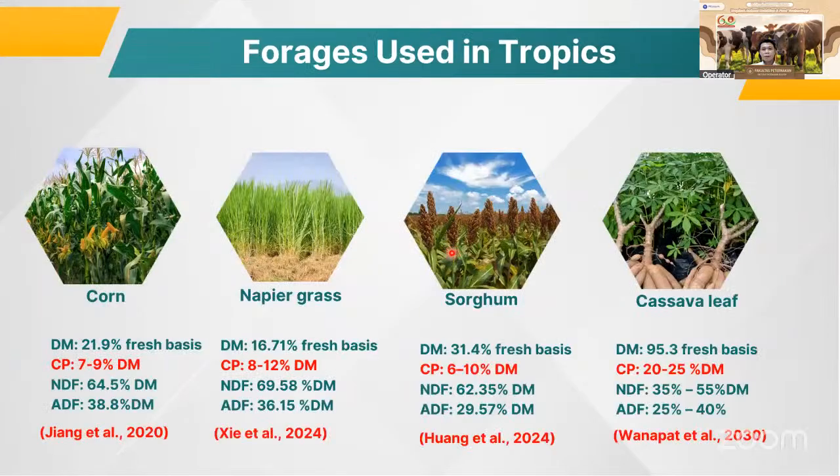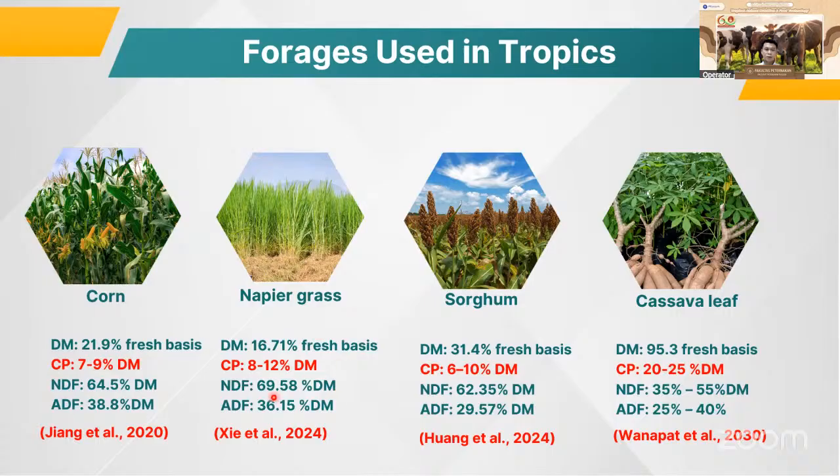Several forage crops have been used in our country, such as corn. Corn is the ideal forage source to produce silage due to its high quality, with protein and energy, particularly water-soluble carbohydrate. In addition, Napier grass, sorghum, or cassava residues such as leaves can also be made into silage to supply forage to the animal during the dry season.